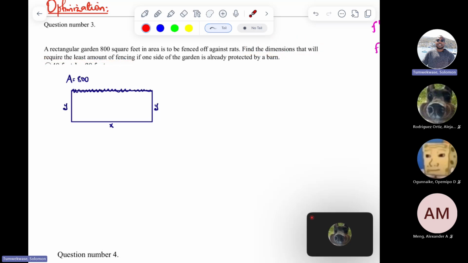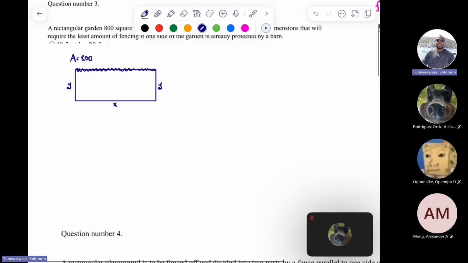Okay, so we want to find the dimensions that require the least amount of fencing. So what is the minimum of moving around this rectangle? Basically they want the minimum of the perimeter. They are basically asking us to minimize the perimeter. Okay.